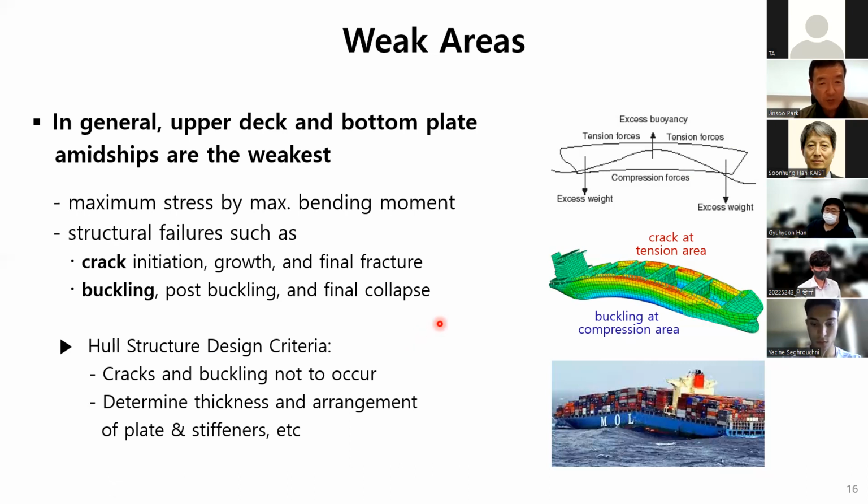The buckled shape becomes larger, so-called post-buckling, and reaches final collapse. So hull design criteria should be such that cracks and buckling do not occur during the lifetime of the ship. For this purpose, hull designers should determine thickness and arrangement of plates and many structural members.